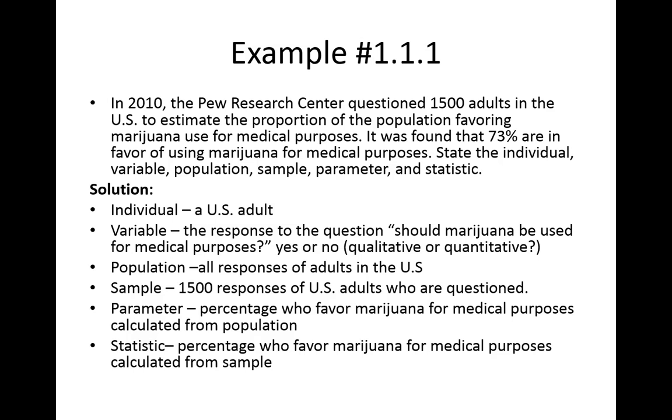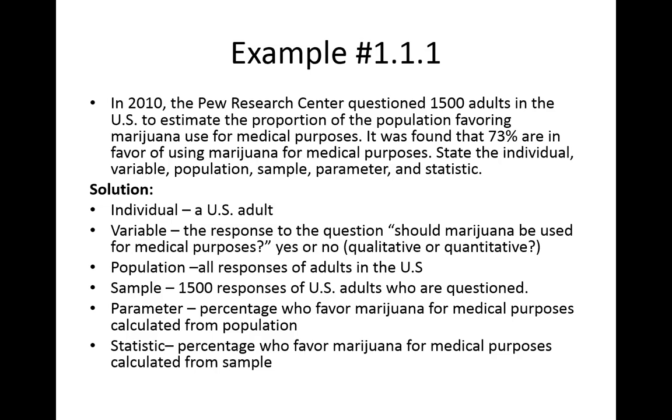In my mind's eye, how I envision this then is the sample is going to be a set of yeses and nos, and there's going to be 1,500 yeses and nos in that set. And then I'm going to count up how many yeses are in that set and divide that by how many responses, 1,500, there are. And then that makes my proportion.